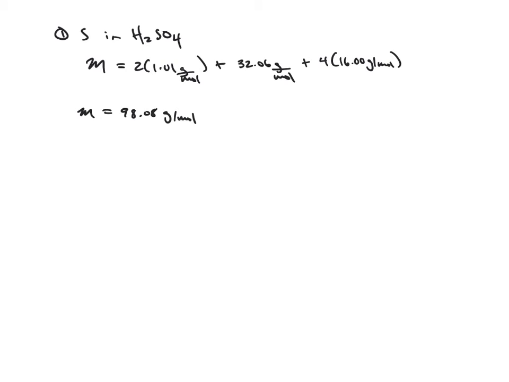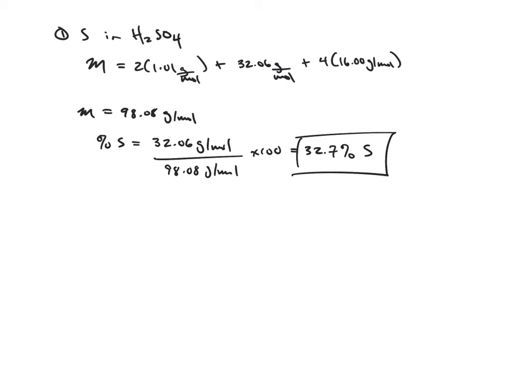Okay, if I want to figure out the percent sulfur, that's going to be equal to, here the sulfur's mass in total is 32.06, divided by the molar mass of the compound, 98.08 grams per mole, times 100. So 32.06 divided by that number, times 100 is, we'll round it to tenths place, 32.7% sulfur. Okay, so that's how you would do one like number 1.